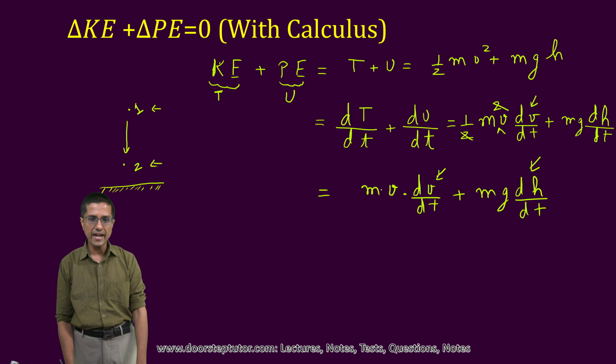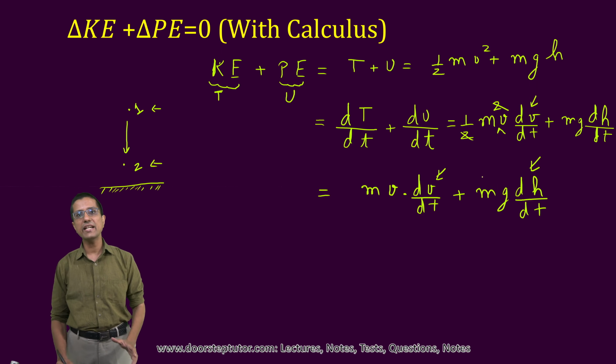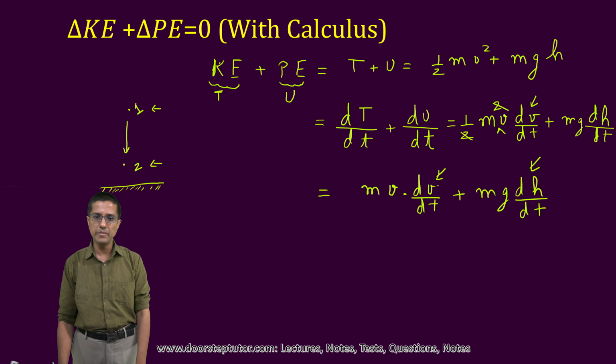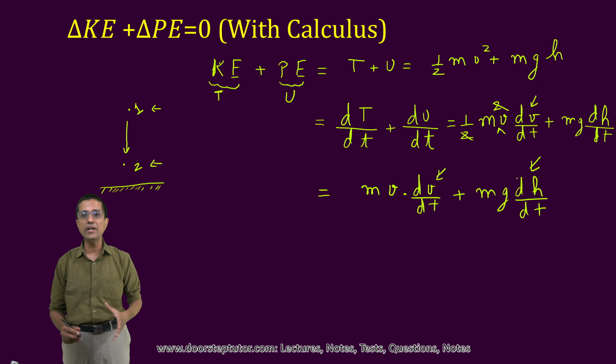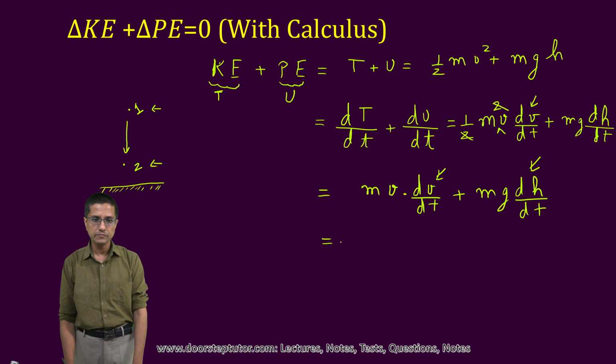Okay, and if the height is decreasing, the velocity is actually increasing. So one of these would take a negative sign, dh by dt. You can pick whatever you want. Either you can make this negative and this positive. So either dv by dt would be negative or dh by dt would be negative, but those two would have opposite signs. Okay, so we will just use the convention here.